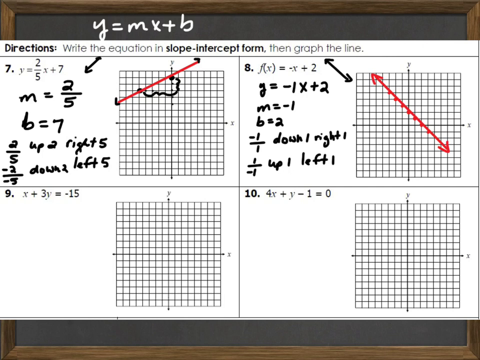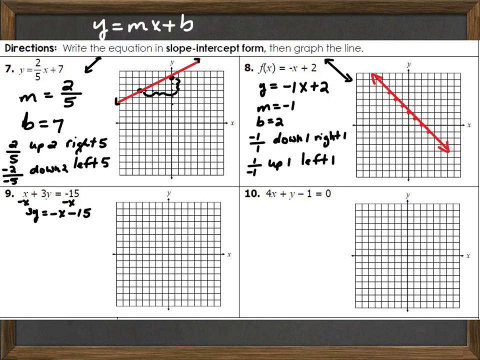Alright, then we're going to look at our next line, number 9. This is in standard form, so we've got to change it to slope-intercept form, because it's easier to graph in slope-intercept. So we're going to subtract x and subtract x, which means we have 3y is equal to -x minus 15.